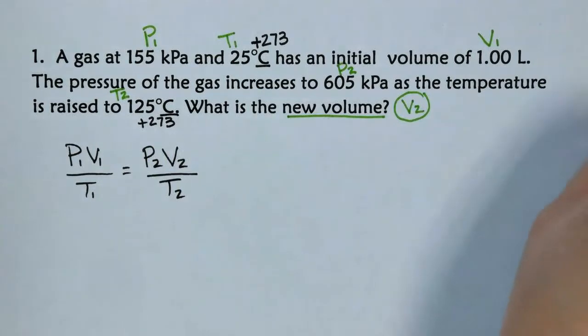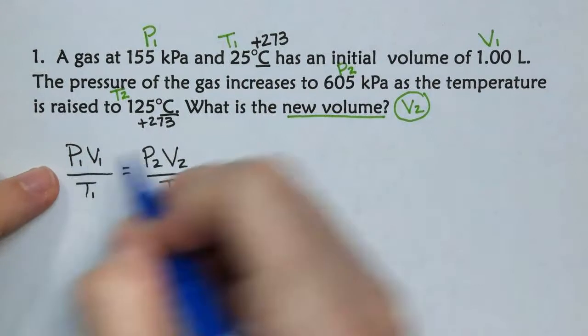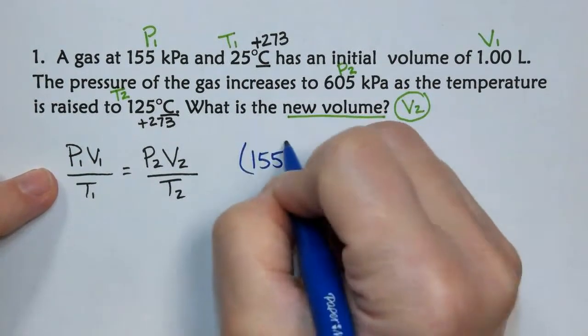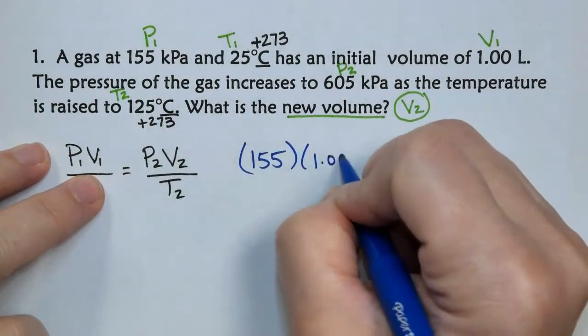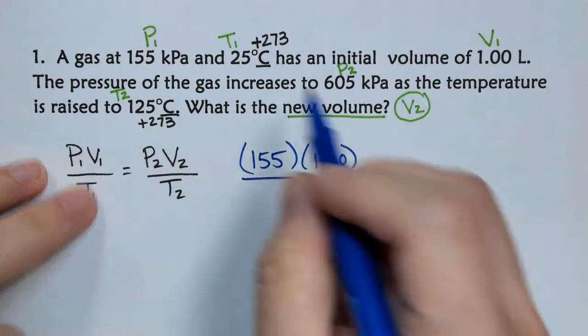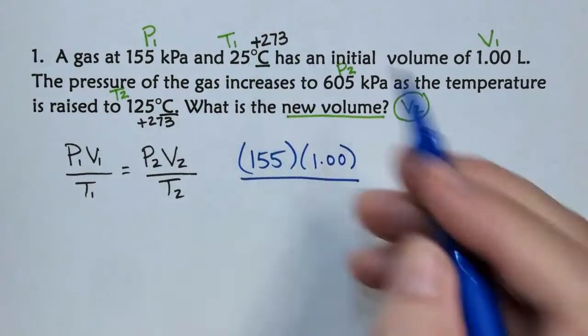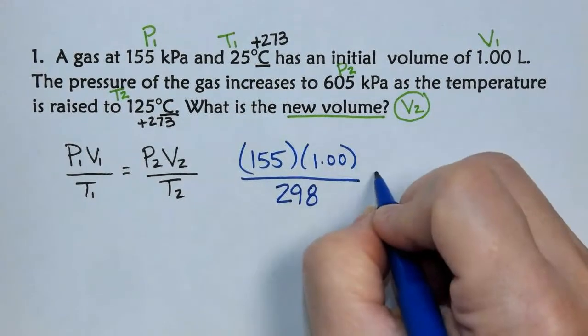So now I'm going to plug in the values that are provided for me. So the P1 is 155. My V1 is 1.00 liters divided by, and then my T1 is 25 plus 273, which equals 298 Kelvin.